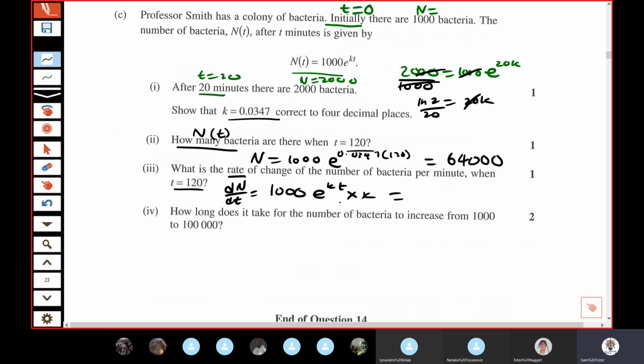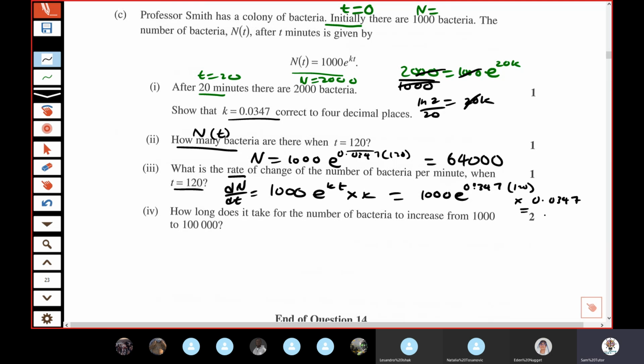That's what should happen. But if you didn't do it, you would have just subbed in t is 120. Again, your k is whatever it is, 0.0347.